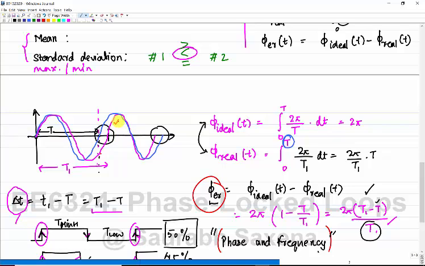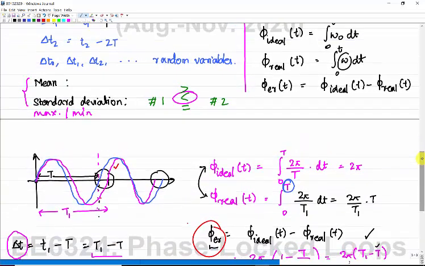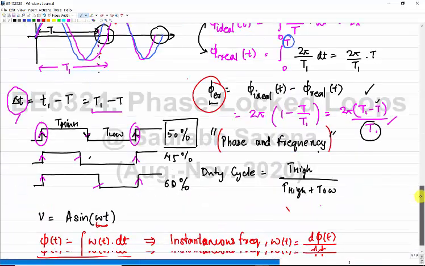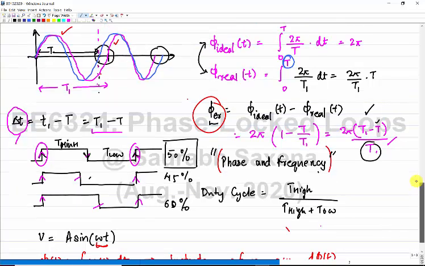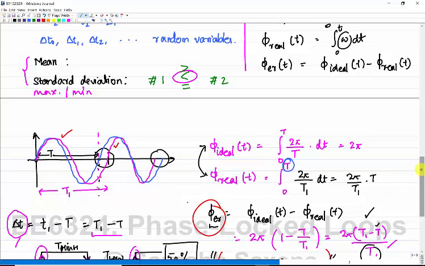But we are not looking at this as a voltage waveform. What we are looking at for this signal is the phase of this waveform. This may be the last question because we are running out of time.